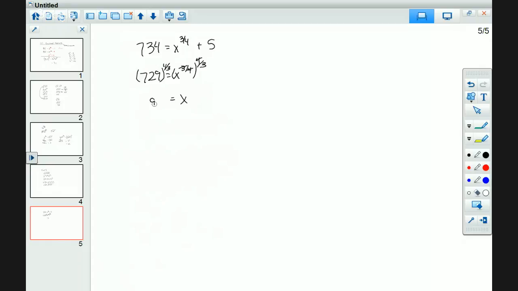So then we have 9 to the 4th, which is 729 times 9. 63 something. Anybody with a calculator? I don't have that one memorized. We got it right. So deal with those exponents.